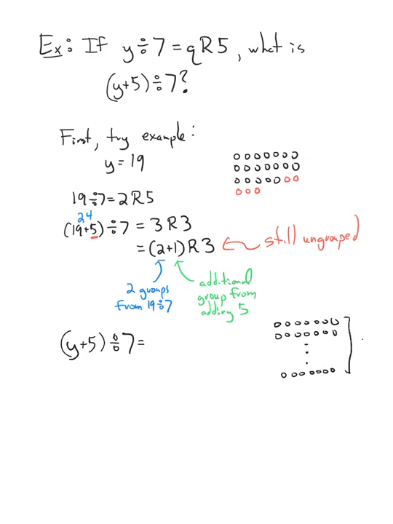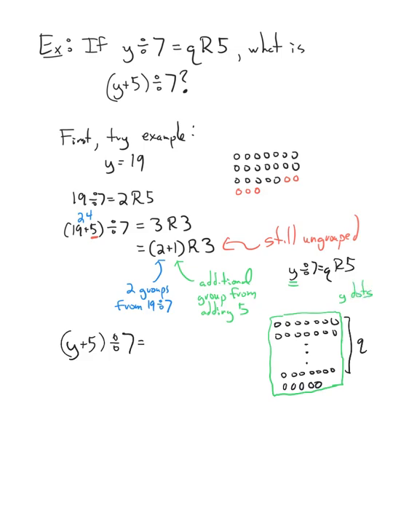So we have q groups if we do y divided by 7. And of course we have 5 remaining. So in total, we have y dots. So everything in green here is y dots.